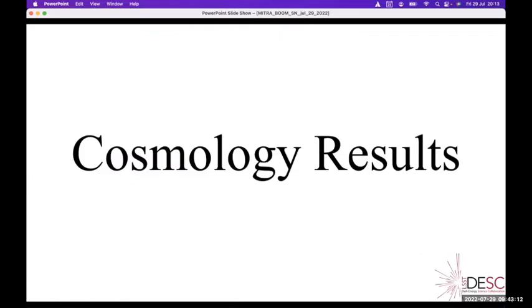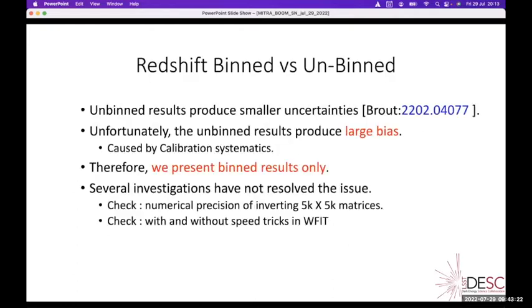So we move on to the cosmology results, having understood the inputs and the light curves that we generated and a bit of their quality. Before we move forward, I would like to give a disclaimer that recently there's been a lot of interest in cosmology using the unbinned Hubble diagram.